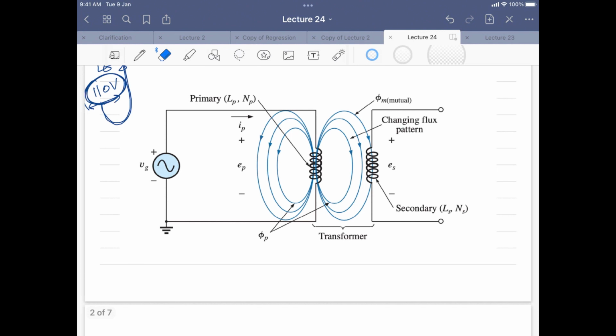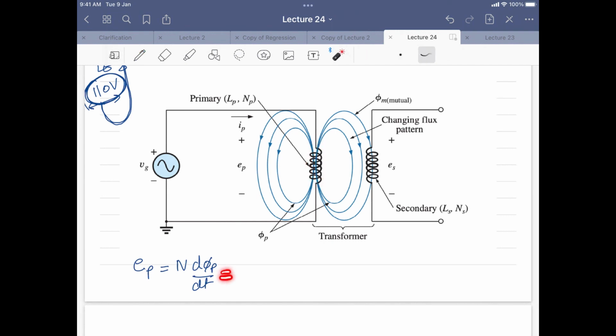So here we have this EP and ES. This is the induced voltage in the primary coil, and this ES is the secondary voltage which is induced in the secondary coil. So basically EP we already know: it is N times d phi p by dt, where phi p is the flux linkage related to this particular primary coil.